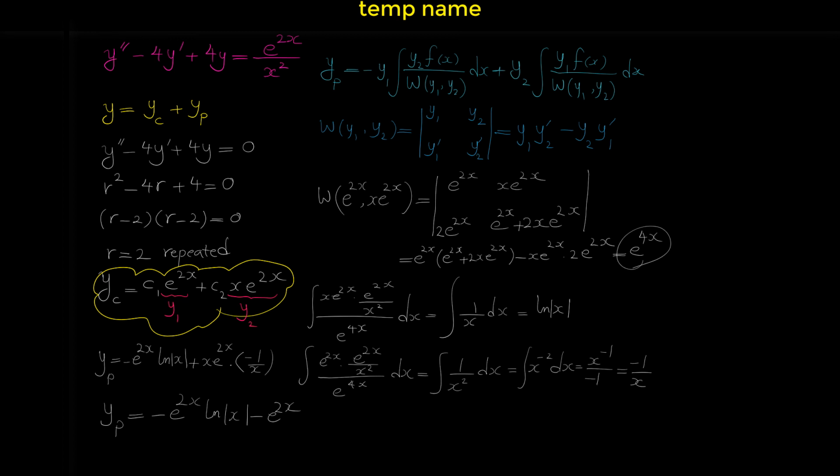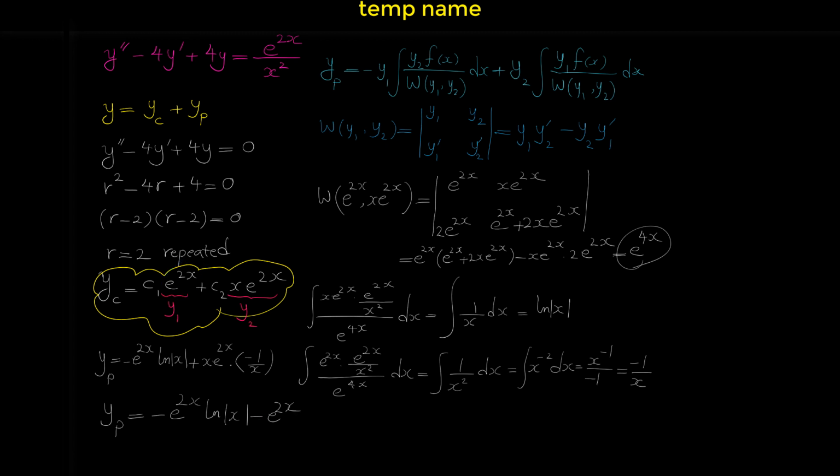But if you pay attention to the complementary solution and the particular solution, you can see that in the particular solution we have e to the 2x, and in the complementary solution we also had e to the 2x. So we have a term in the particular solution which is exactly duplicated in the complementary solution.